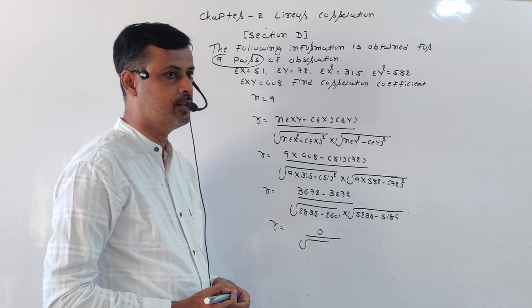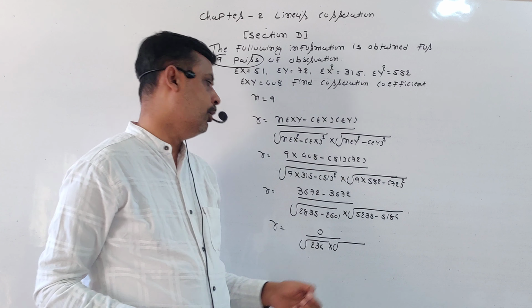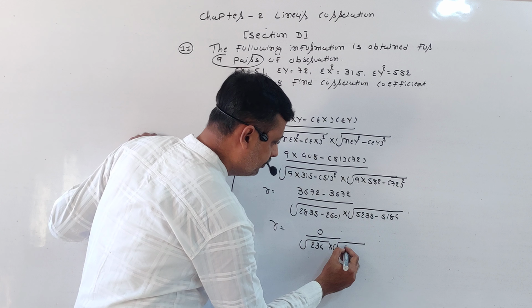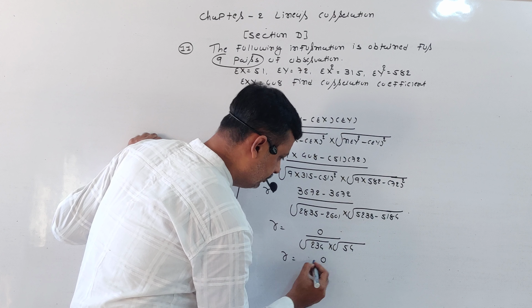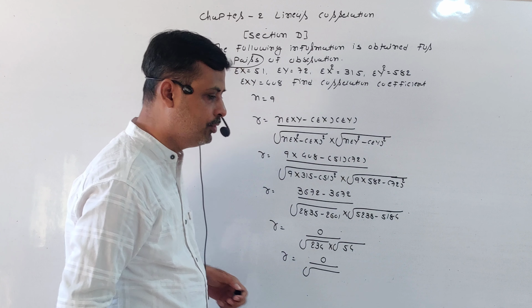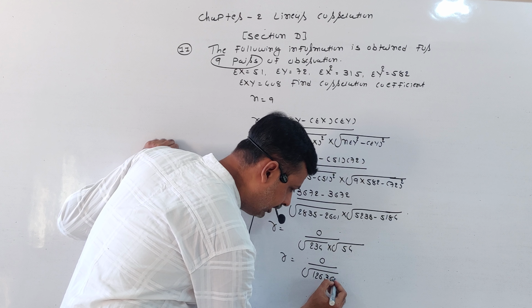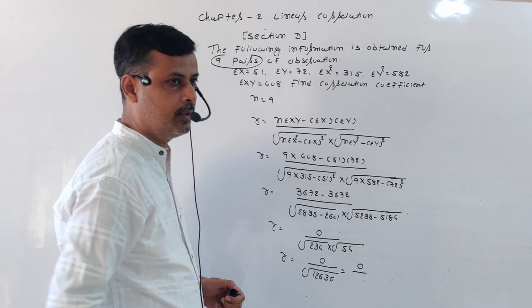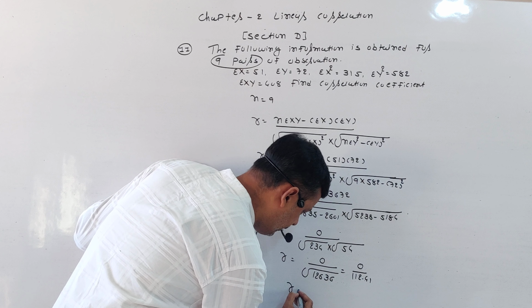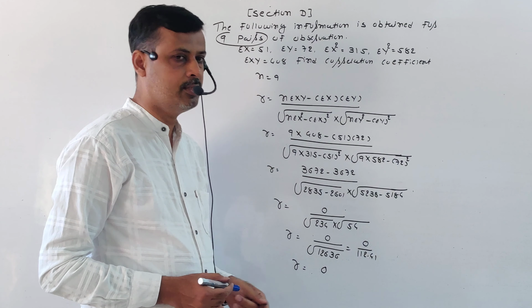2835 minus 2601, so 234. 5238 minus 5184 becomes 54. The numerator is 0. 234 into 54 becomes 12636. Taking the root of 12636, that is 112.41, and 0 divided by 112.41, so the answer is 0.